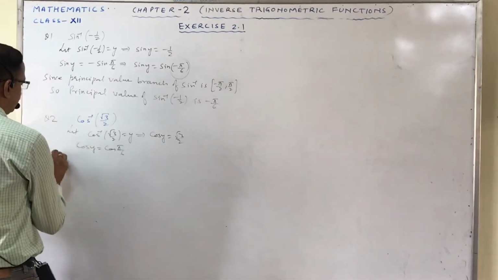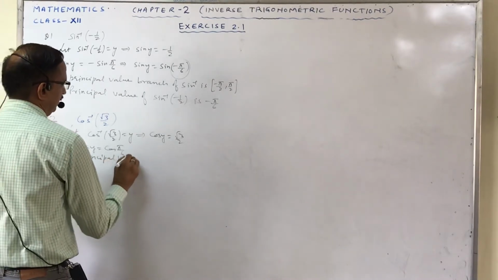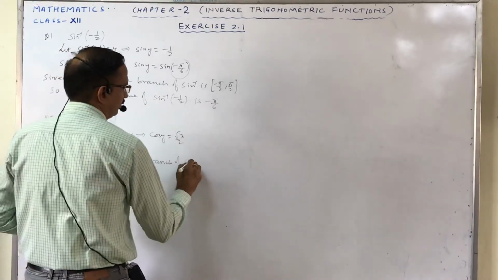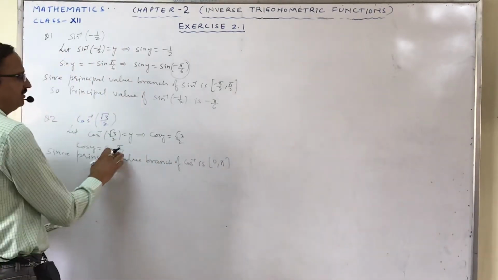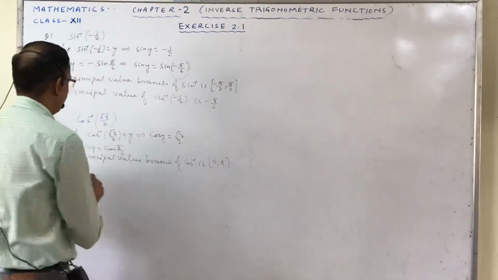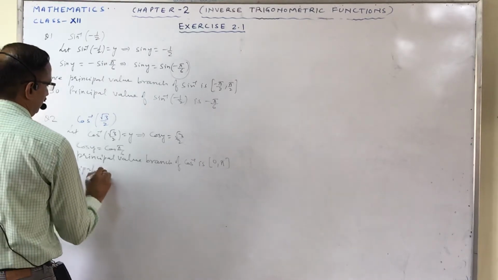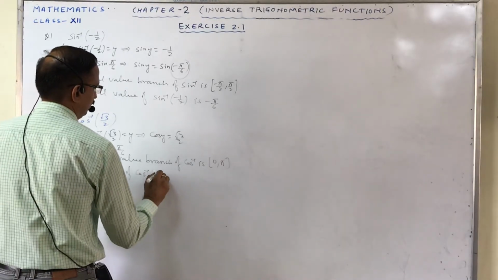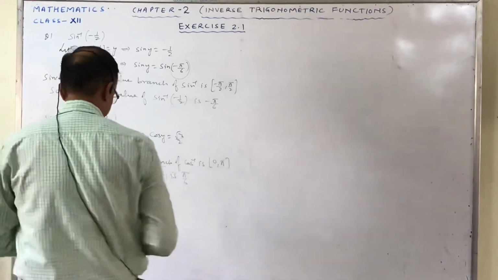So we can say, since the principal value branch of cos inverse is 0 to pi, and this value lies in this branch, we can say that the principal value of cos inverse root 3 by 2 is pi by 6.